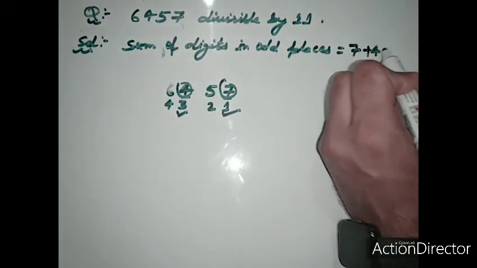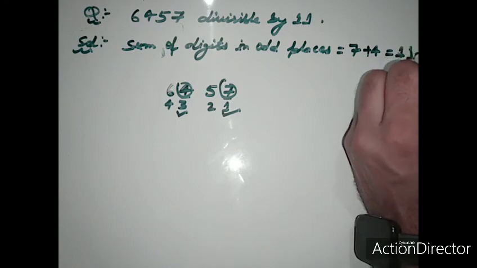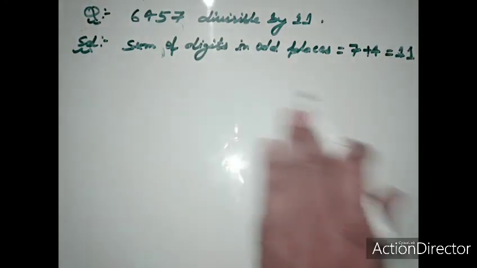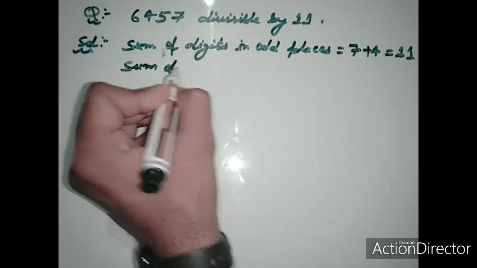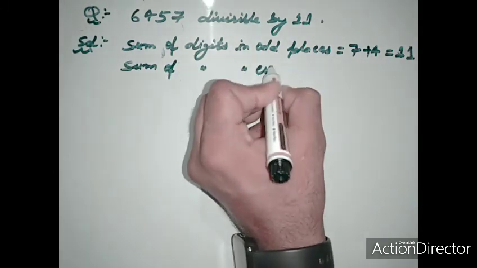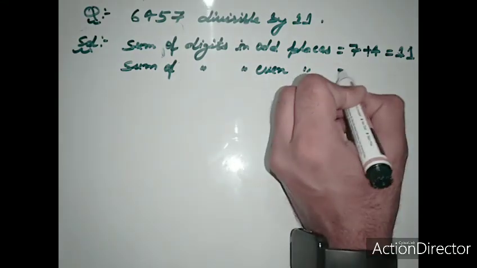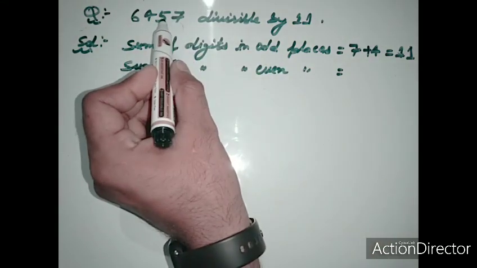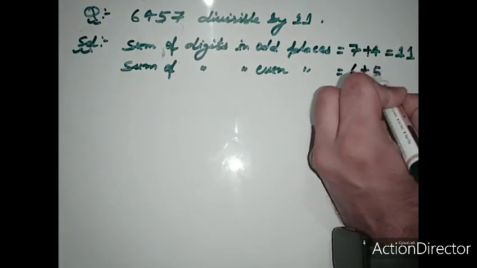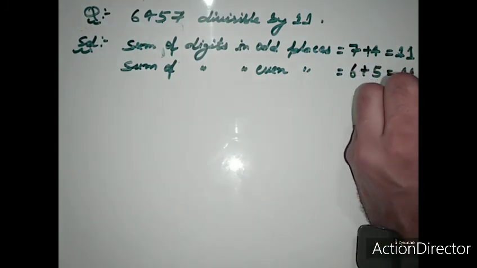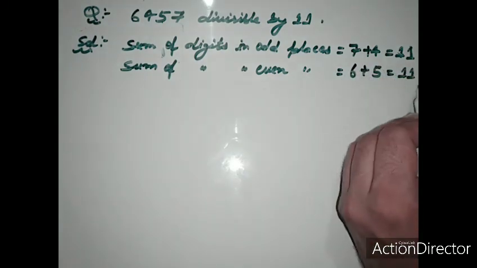7 plus 4 equals 11. We apply the same rule with the sum of digits in even places. So the digits in even places are 5 and 6, so we add these two digits here. 6 plus 5, 11.